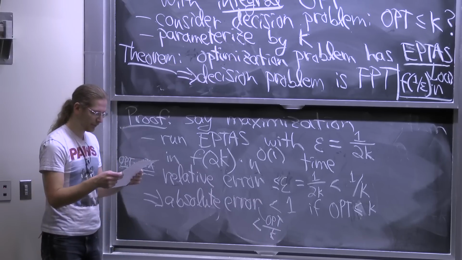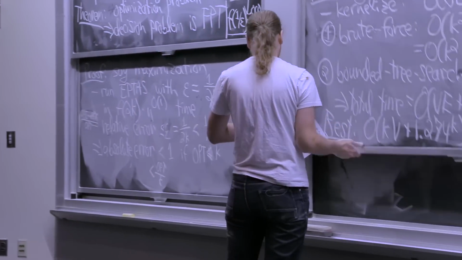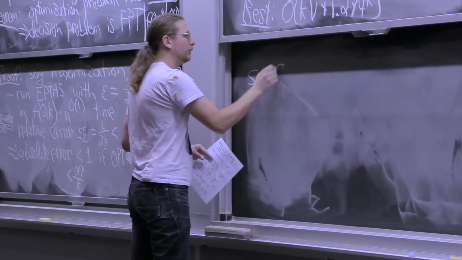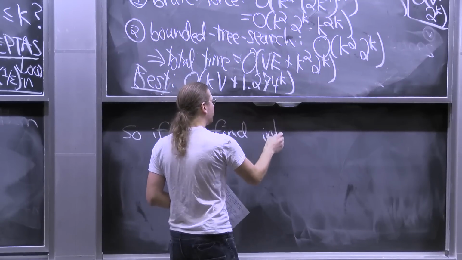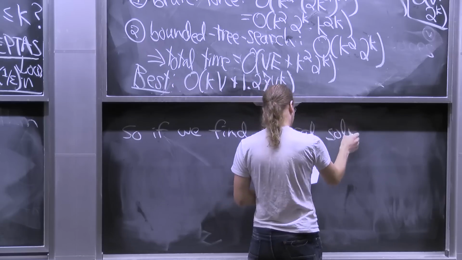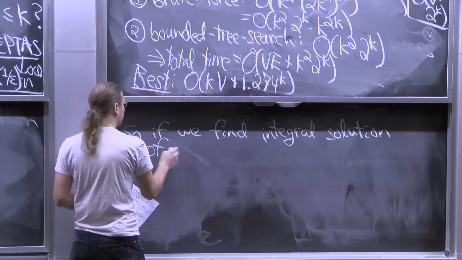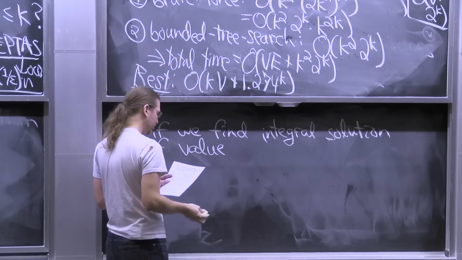I have that written down more formally. So let's go over here. So if we find an integral solution, value is the objective function we're trying to maximize.